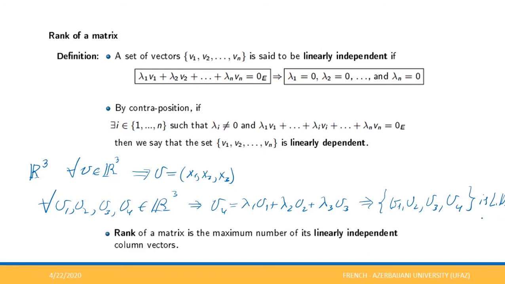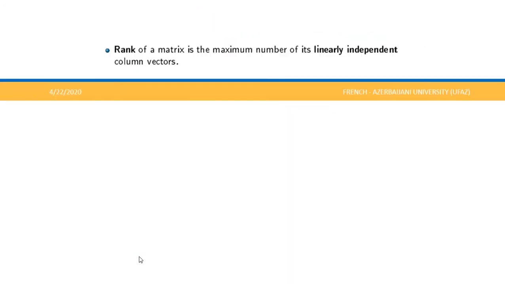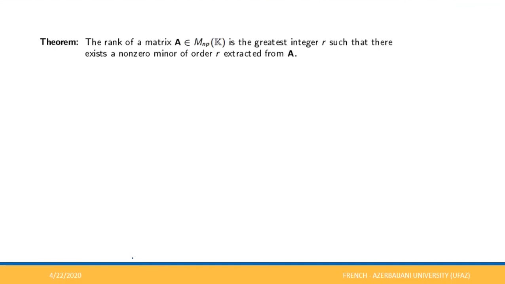Let's look at the definition of a rank. The rank of a matrix is the maximum number of its linearly independent column vectors. Here we have an important theorem in order to define the rank of a matrix. The rank of an n times p size matrix A is the greatest integer R such that there exists a non-zero minor of order R extracted from A. Proposition: the rank of a matrix A and the rank of its transpose are the same.